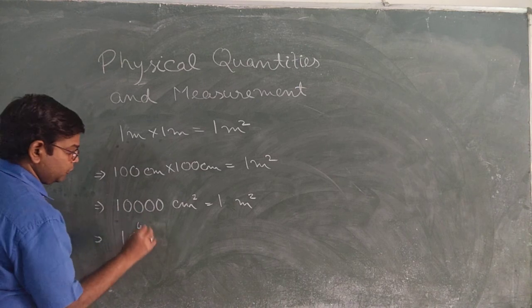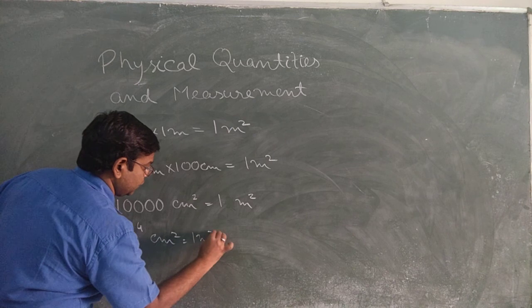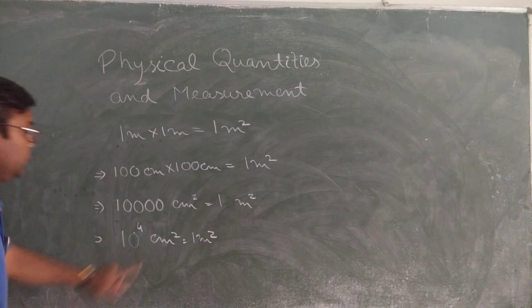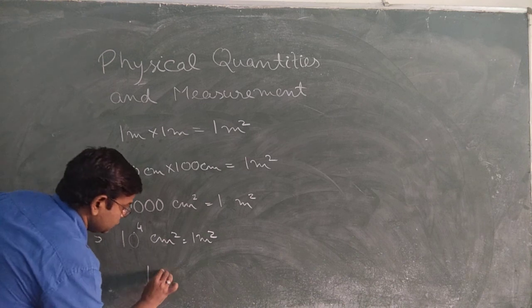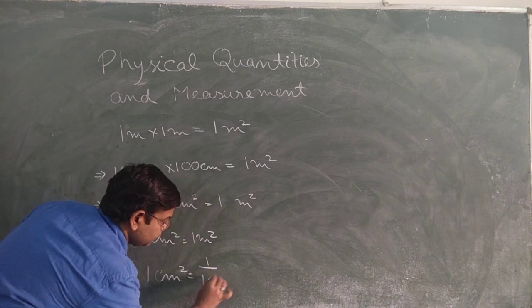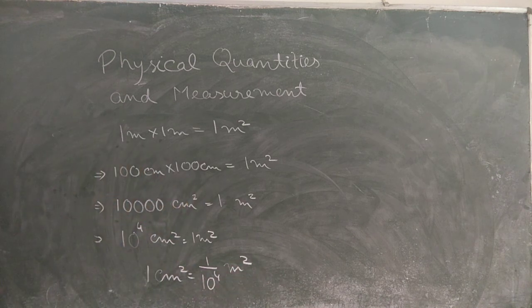So 10 to the power 4 centimeter square equals 1 meter square. This is the conversion of 1 meter square into centimeter square. Similarly, we can write 1 centimeter square equals 1 upon 10 to the power 4 meter square. Hope this one is clear to you.